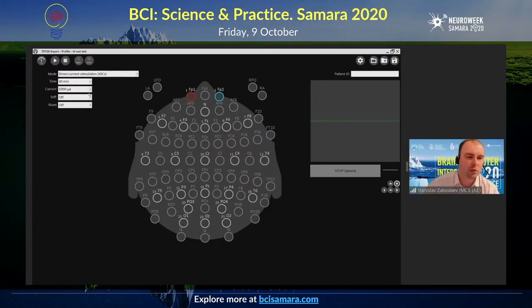Then we select the current, so we can use the drop-down menu, or we can enter it manually. Let's say 1000 milliamperes. There is also the soft start mode, that is required to give more comfort to our patients, and so we do not discommode them.